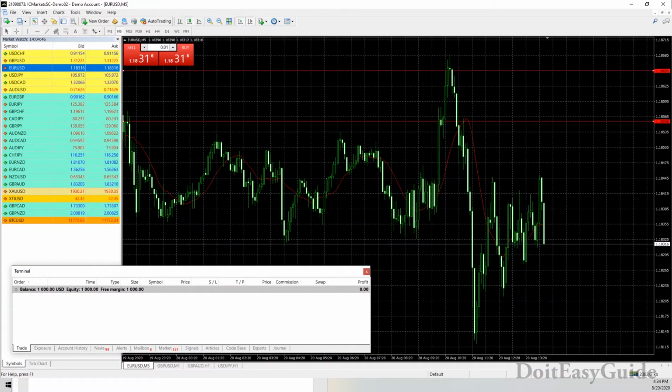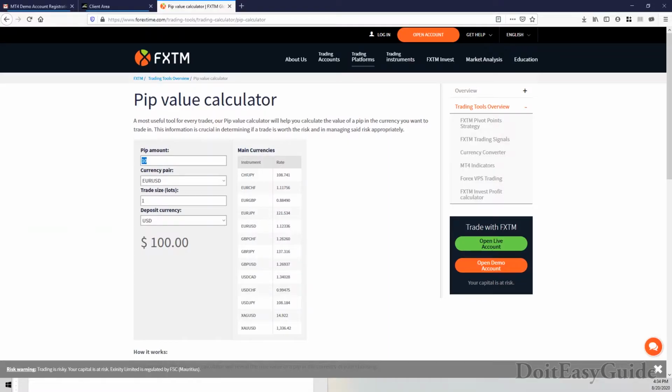So here we have 10 pips, right? Let's say we are targeting 10 pips on the Euro USD pair. Our lot size, I'm going to change this to 0.01. So how much would our profit be? $1, right?